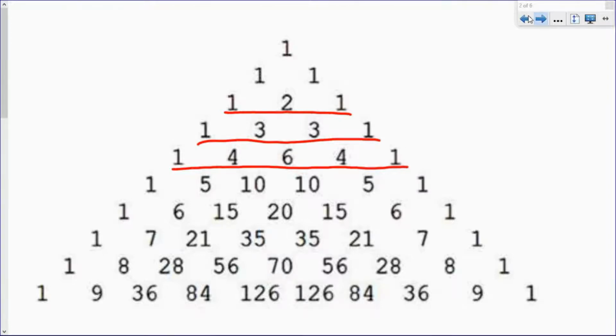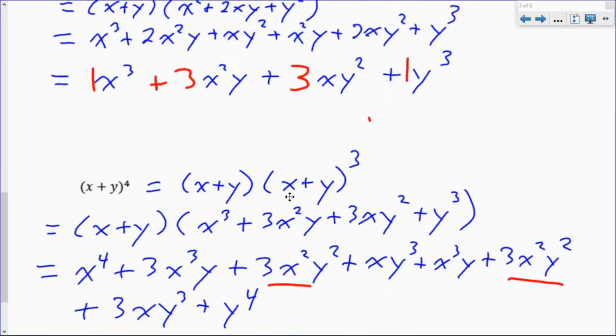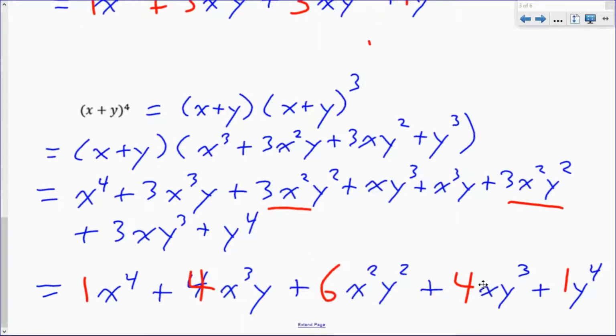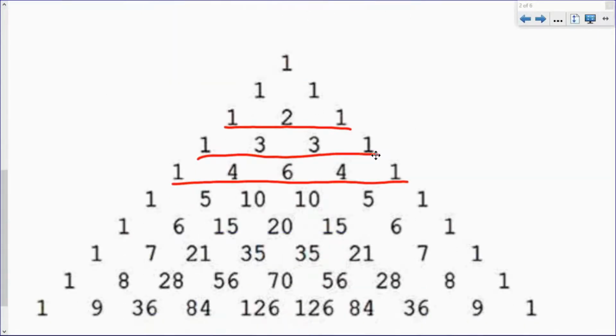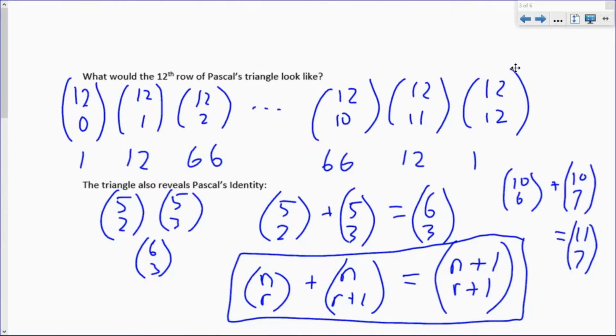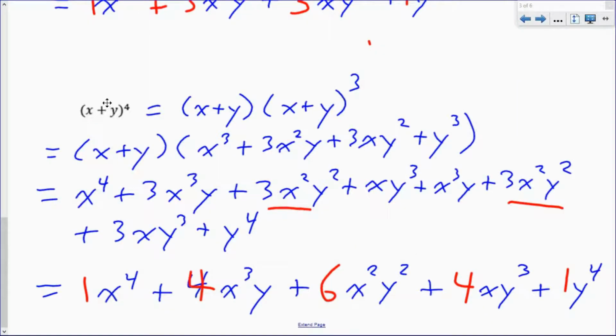So if we were to look at x plus y to the power of 5, you might think that pattern still holds. Instead of 1, 4, 6, 4, 1, let's look at the 5th level of Pascal's triangle. 1, 5, 10, 10, 5, 1. And we will get that. And notice the x's and the y's.